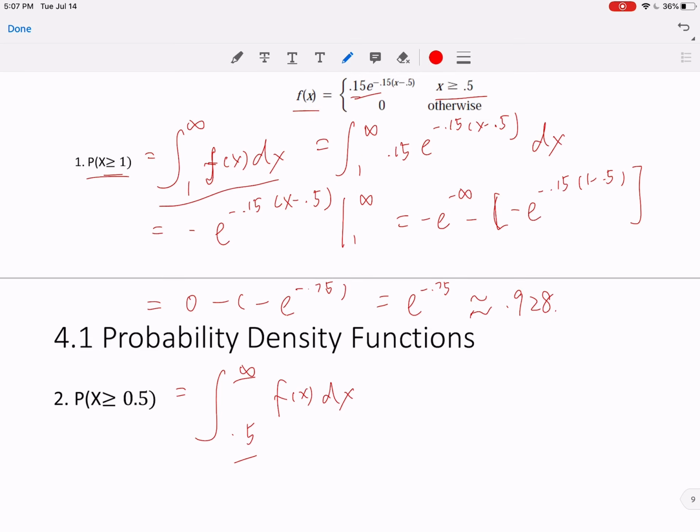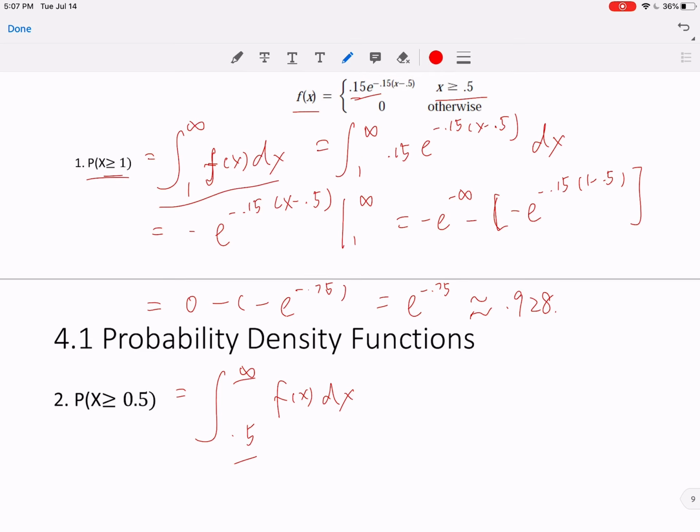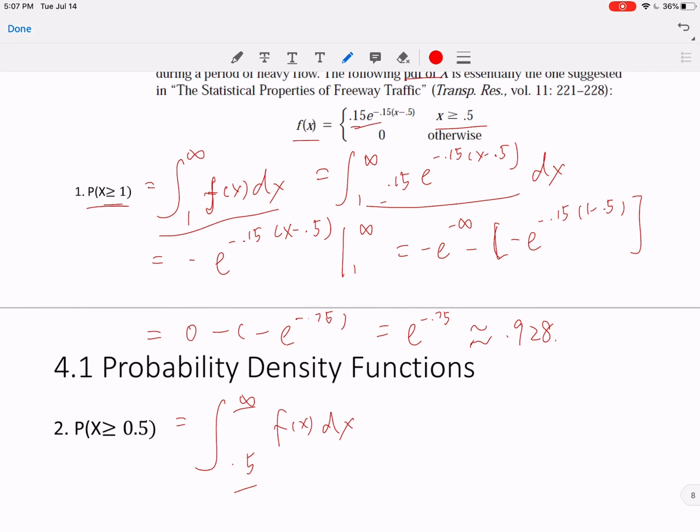Of course, you can do the calculation as we did above, but in this case we don't have to, because this interval covers all of the x values, and the probability we're looking for is the sum of all probabilities. So that would be equal to 1. You don't have to do the calculation, just put a 1 here.